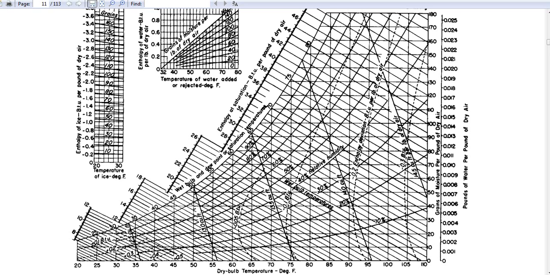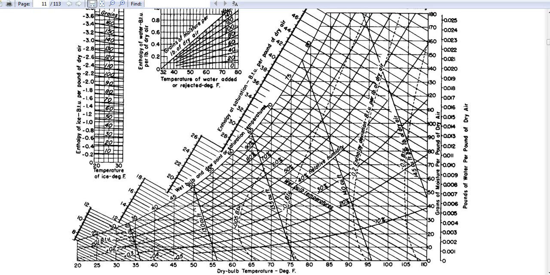From this point that I have my cursor on, you're going to read the other properties of your air water vapor mixture. In this side, you have the enthalpies. In these particular lines, you have the specific volume. So you just approximate where is that line for the specific volume of our mixture here. This is your humidity ratio, or simply the humidity.